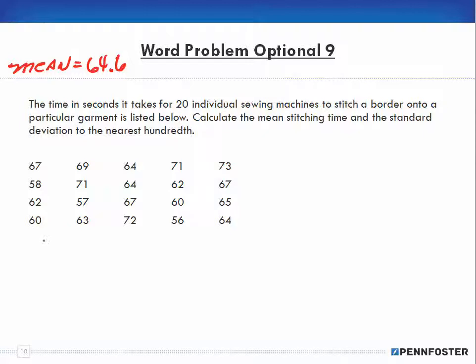Okay, so what's the standard deviation? Right, the first thing we did was, of course, we needed to calculate the mean, which was 64.6. Okay, and now we have to take the sum of the squared deviations.